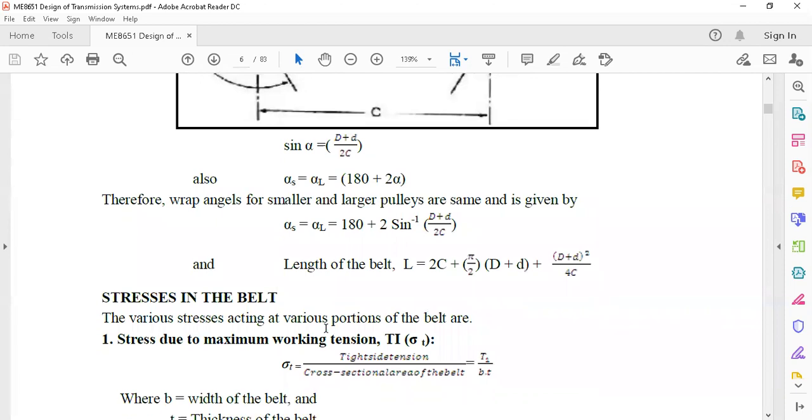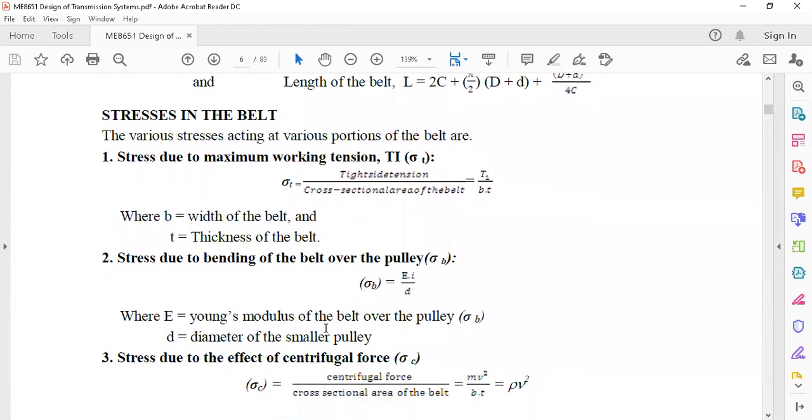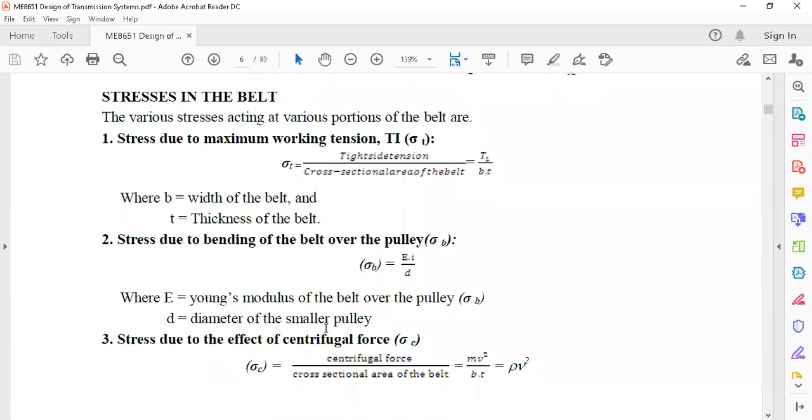This is how we calculate the length of the belt. The second thing is how to calculate the stresses in the belt and what the various stresses induced on the belt are. Everything is available in the data book itself, and the formulas are also available.